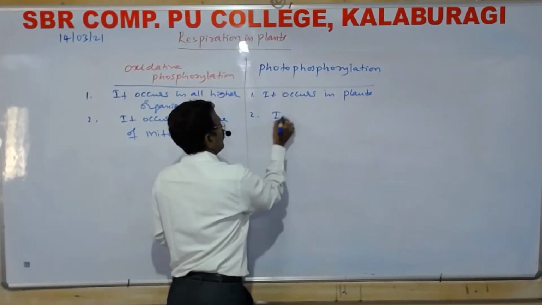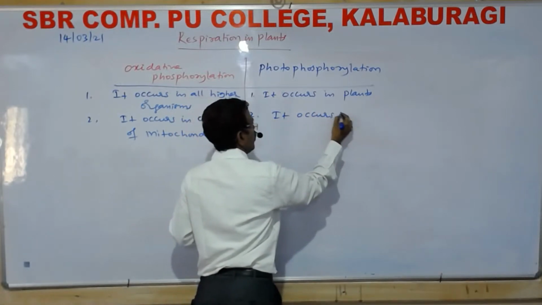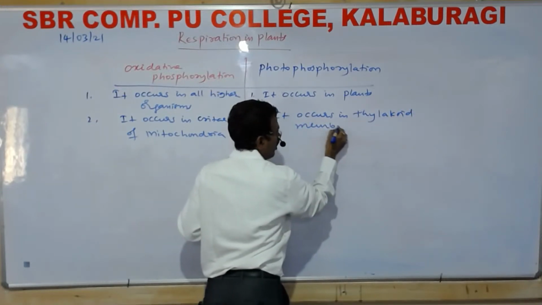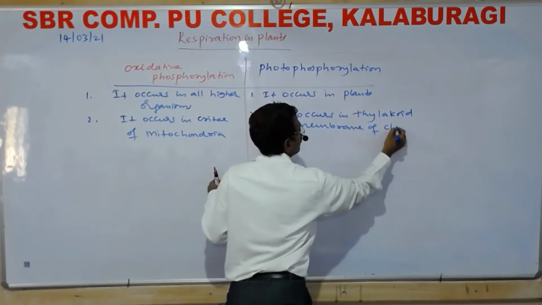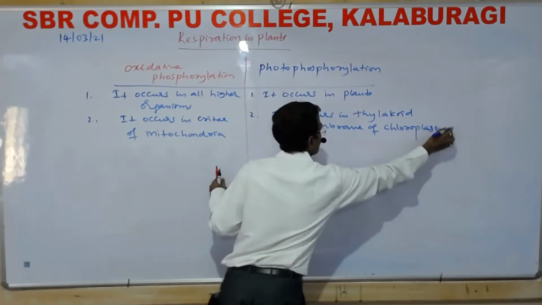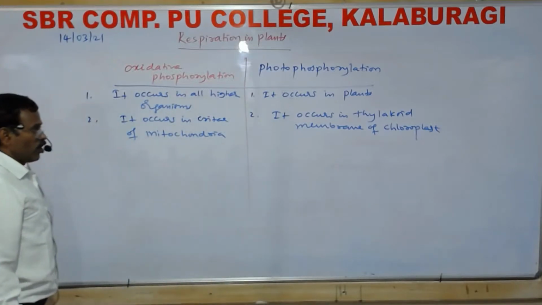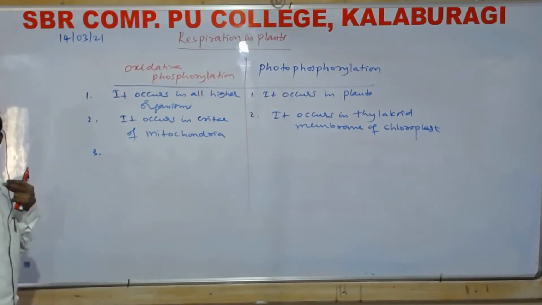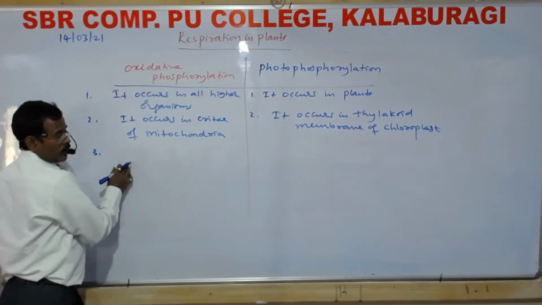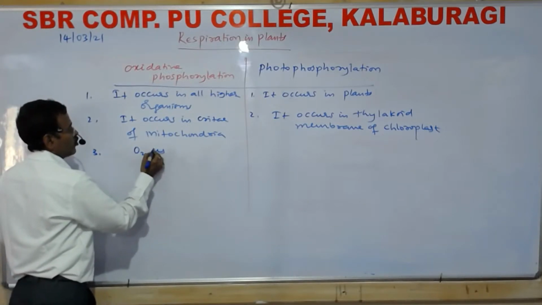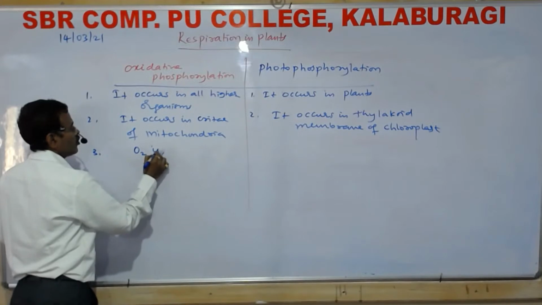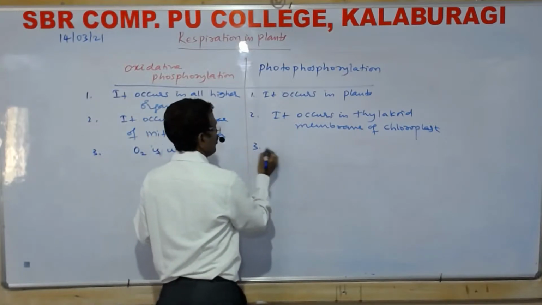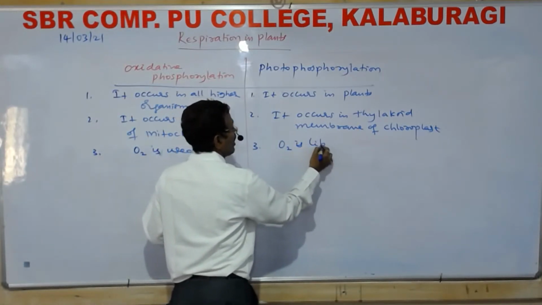Here photophosphorylation occurs in the thylakoid membrane of the chloroplast. In oxidative phosphorylation, oxygen is used, whereas here oxygen is liberated, not used.